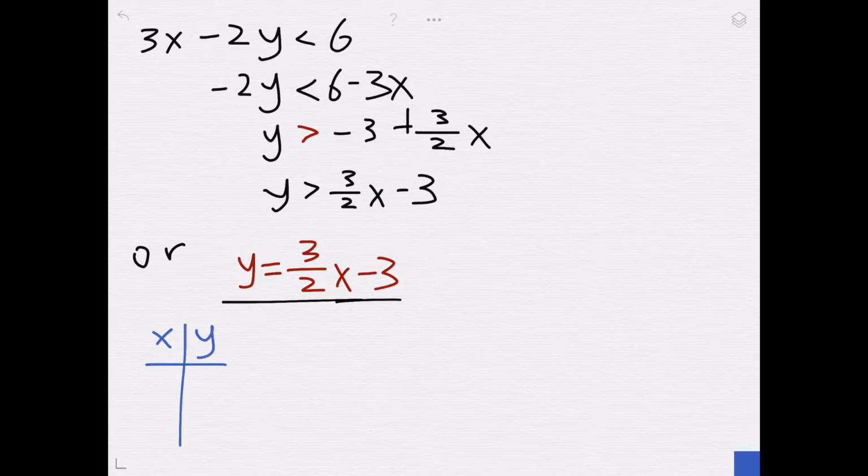Let's try -2, then we would get -6 for y. Since we only need 2 points for a straight line, let's choose 0 for x value, and y would be -3.